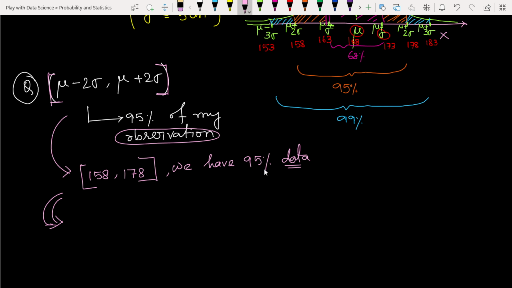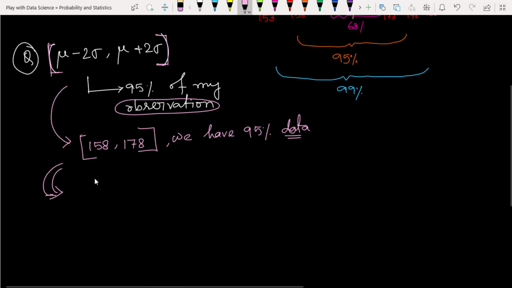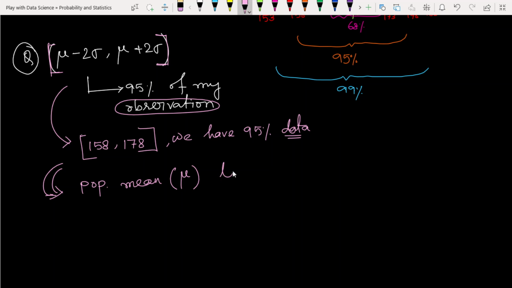With 95% confidence. This means the population mean mu lies in the interval 158 to 178 with 95% confidence.